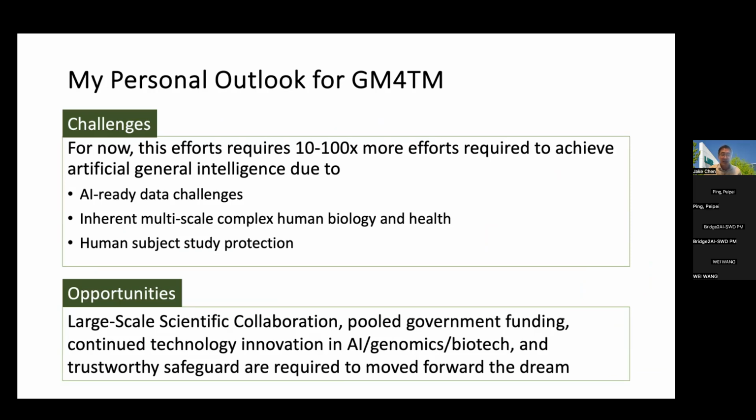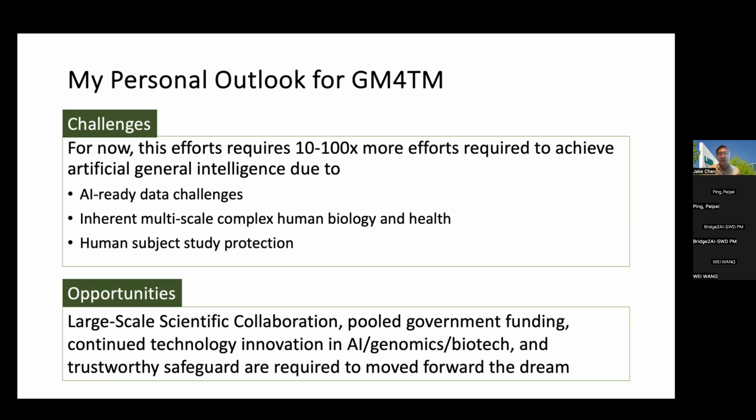We have to get the data AI ready. That takes a lot of effort. We have to overcome the multi-scale complex human biology and health knowledge representation problem. And we are lacking the computing resources. Most of all, this is human subject study, but the opportunity is huge.